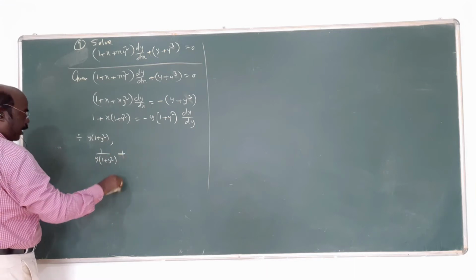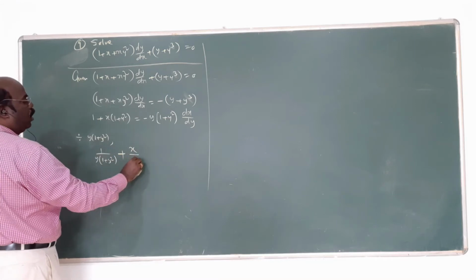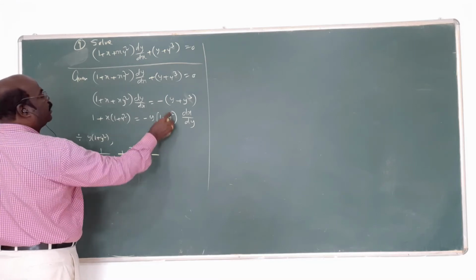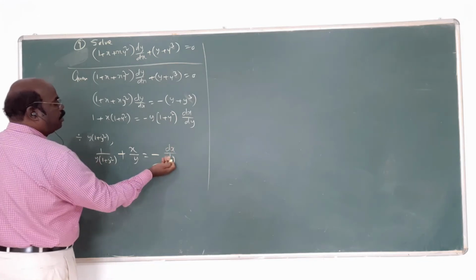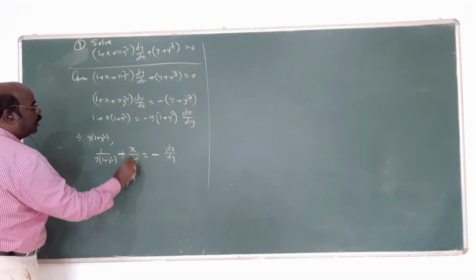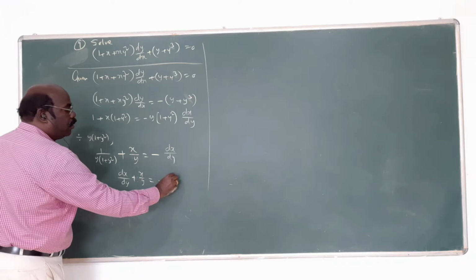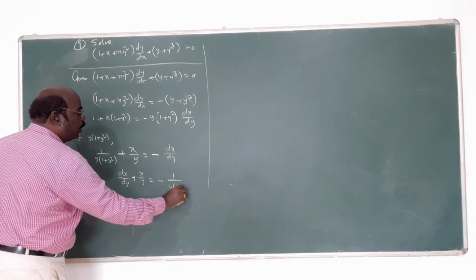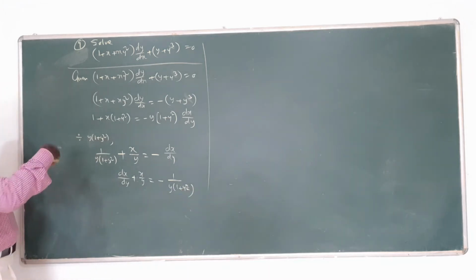Plus then x into the 1 plus y square cancel, only y divided by y. Dx by dy plus dx by y equal to minus 1 by y into 1 plus y square. Okay? Now it is of the second format.